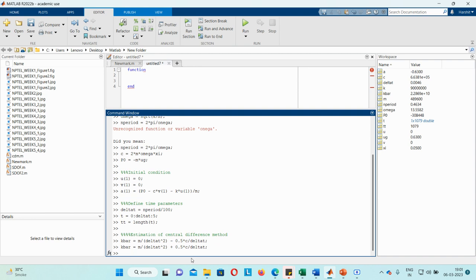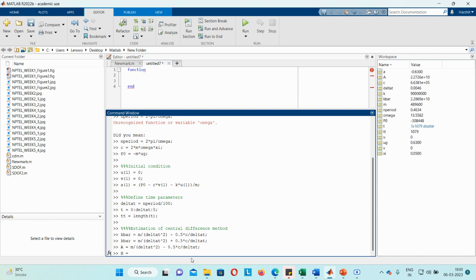Okay, and in A it is minus, and this is A. B is A minus 2 times m upon delta t square.